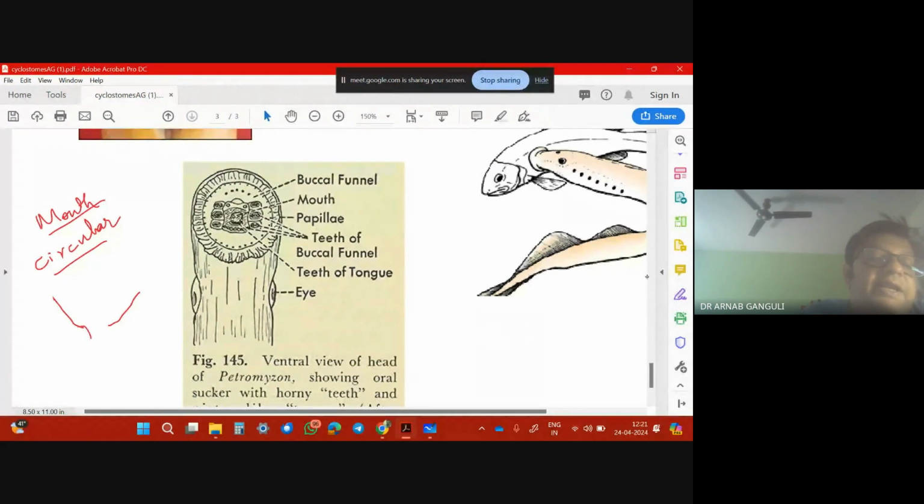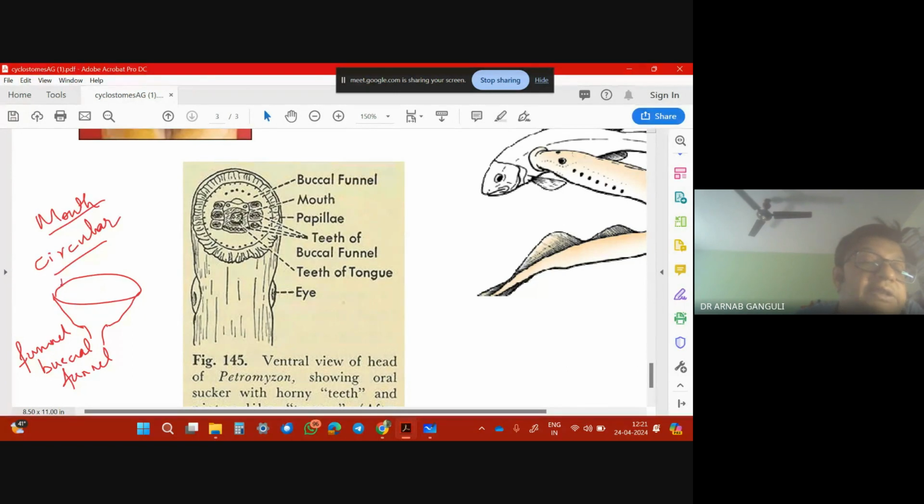It's like a funnel. And this you're looking from the top. So it goes as a depression. It comes like a funnel. It's known as the buccal funnel. And you have the mouth.